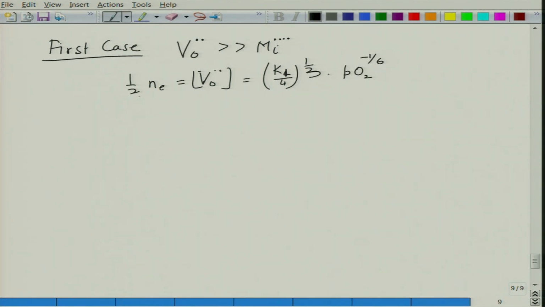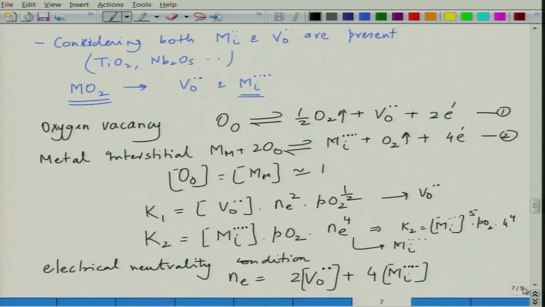So, we have got the expressions for Ne and VO, but we do not know how the Mi is going to vary in this regime. So, Mi is written using the Mi formula. So, Mi formula is basically the second equation, which is this equation.